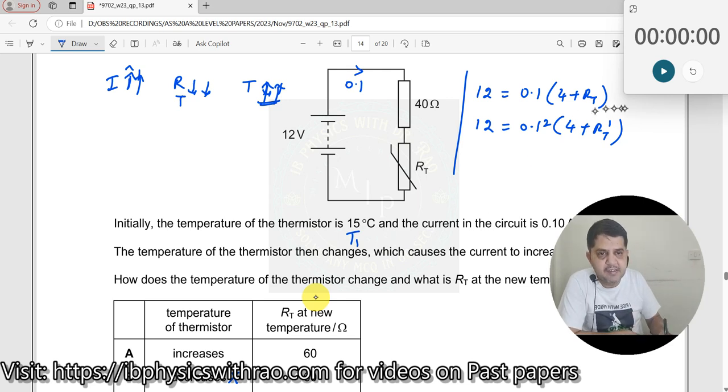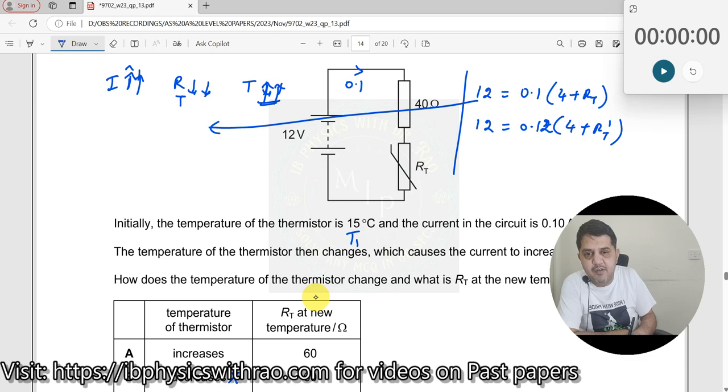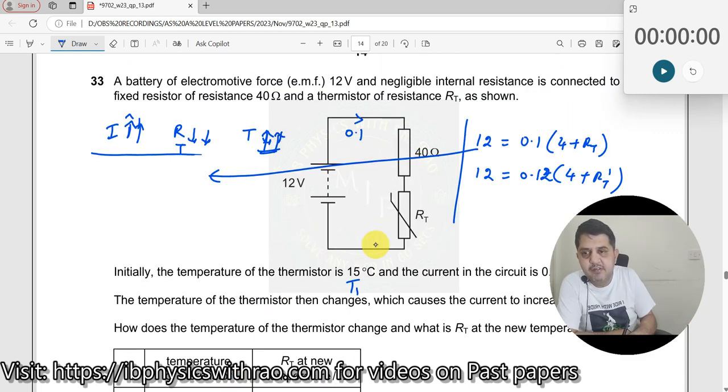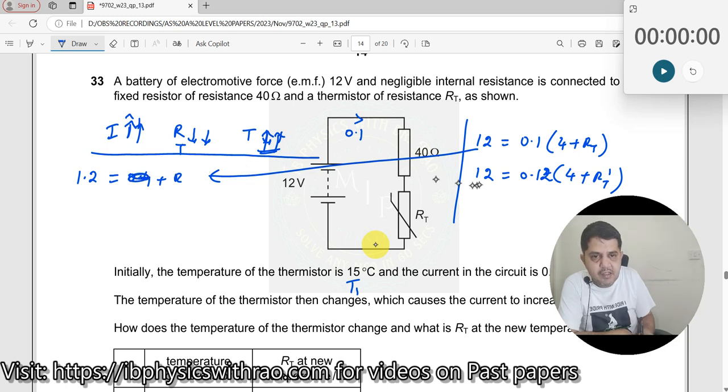Now what we do is first find out RT for the first case. 12 by 0.1 would be 120, equal to 4 plus RT. Oh, I made a mistake here.